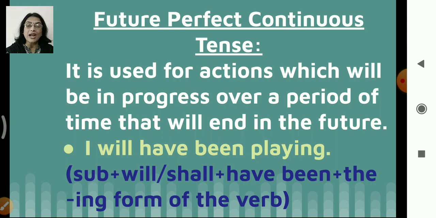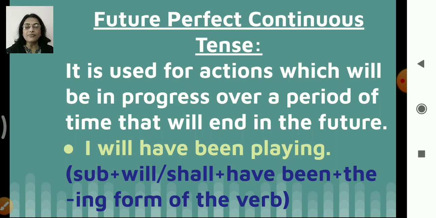So it is used for actions which will be in progress over a period of time that will end in the future. So we have the sentence, I will have been playing.